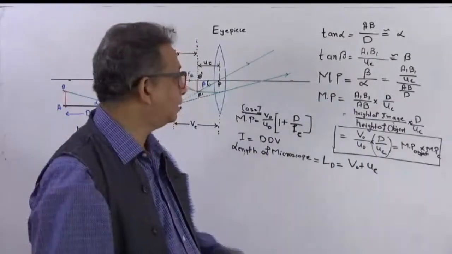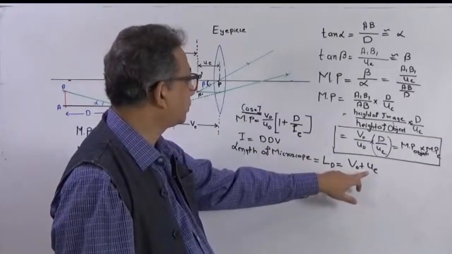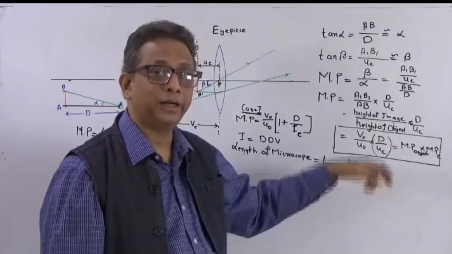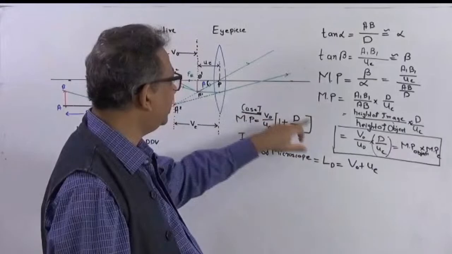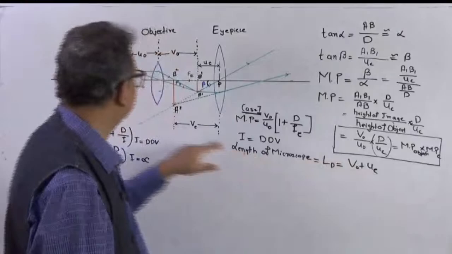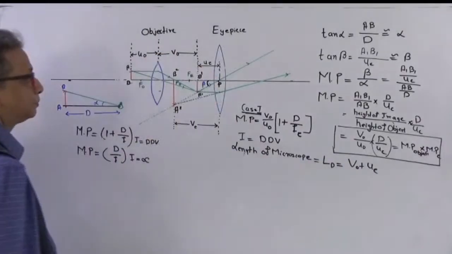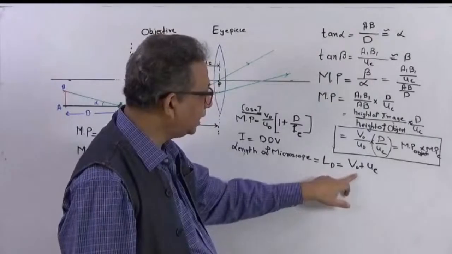And when the length of the microscope is given, and I want to find the object, that is the eyepiece object, was kept at a distance of 2 centimeter, right? In any of these equations, UE is not required. UE is not required. That is the distance of the image from your lens. Okay, so LD is V0 plus UE.